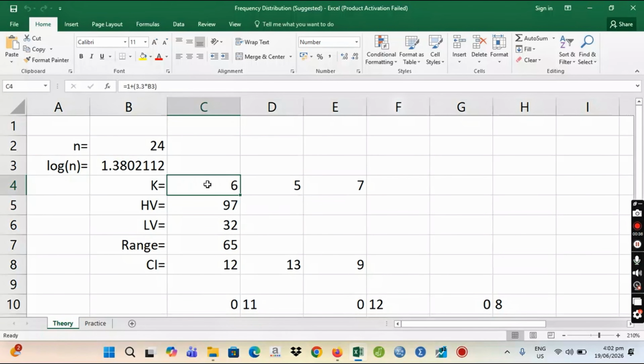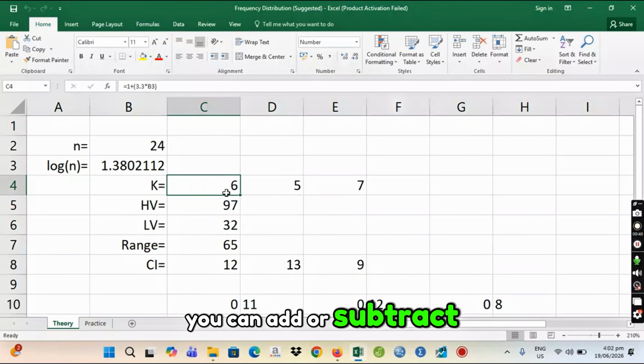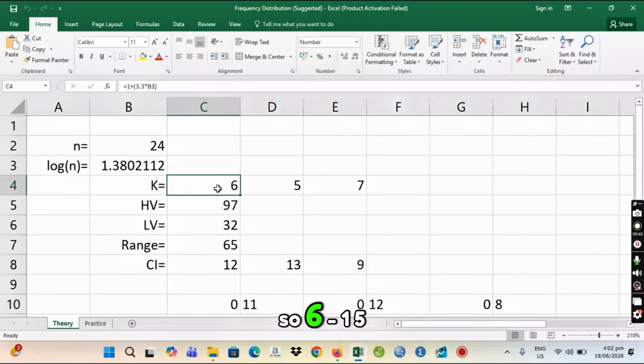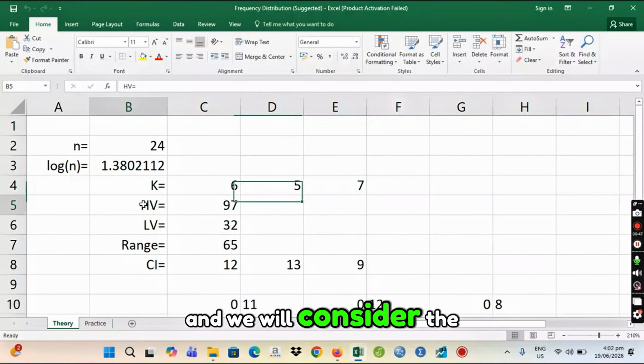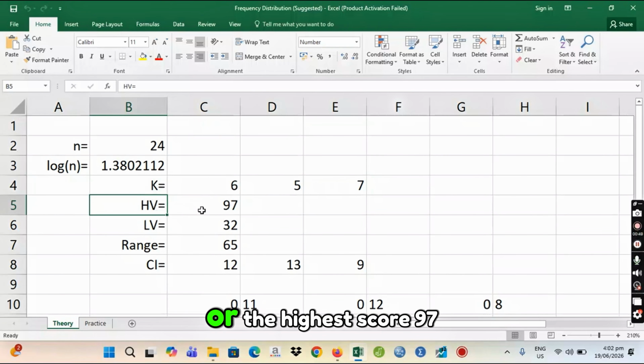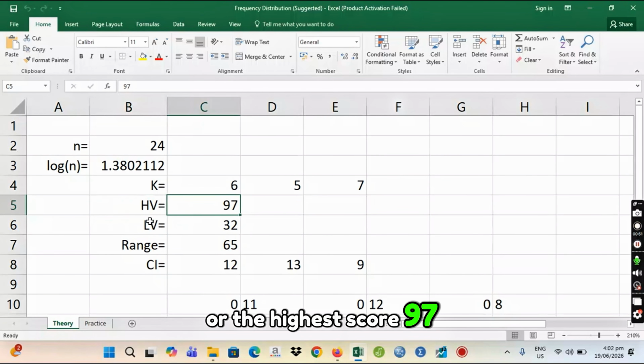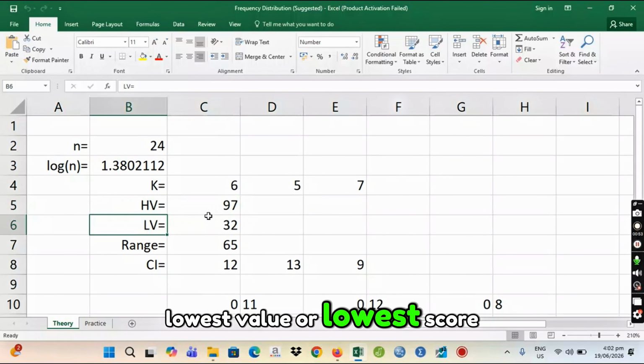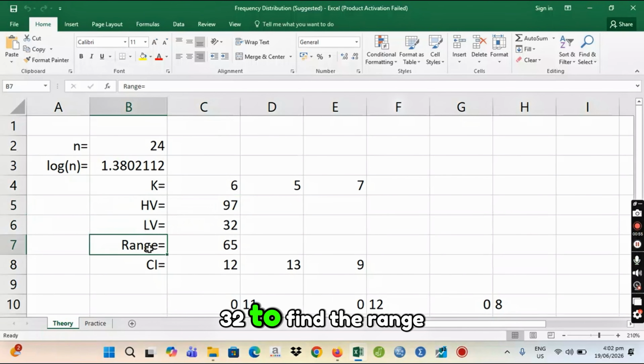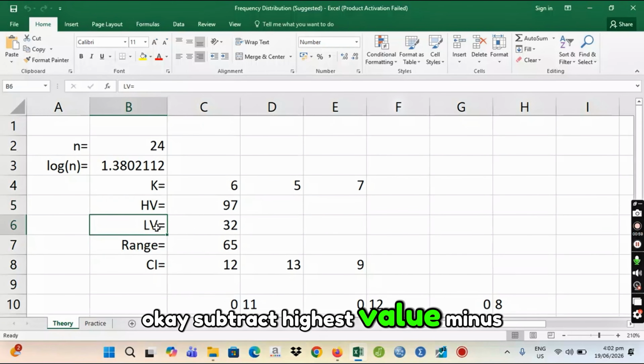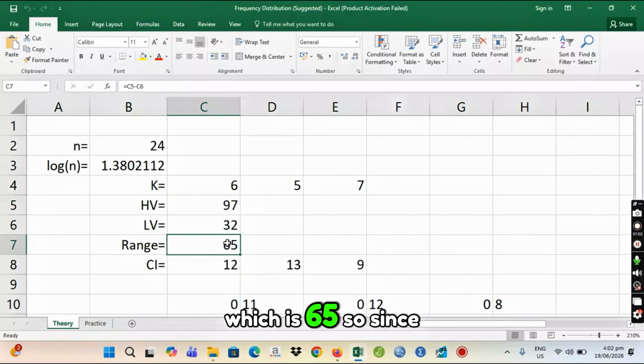The rule says you can add or subtract 1 from this. So 6 minus 1 is 5, 6 plus 1 is 7. And we will consider the highest score, 97, and the lowest score, 32. To find the range, subtract highest value minus lowest value, which is 65.